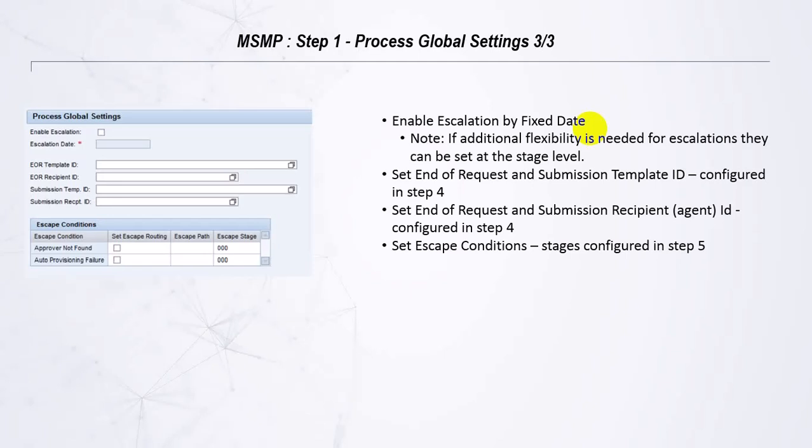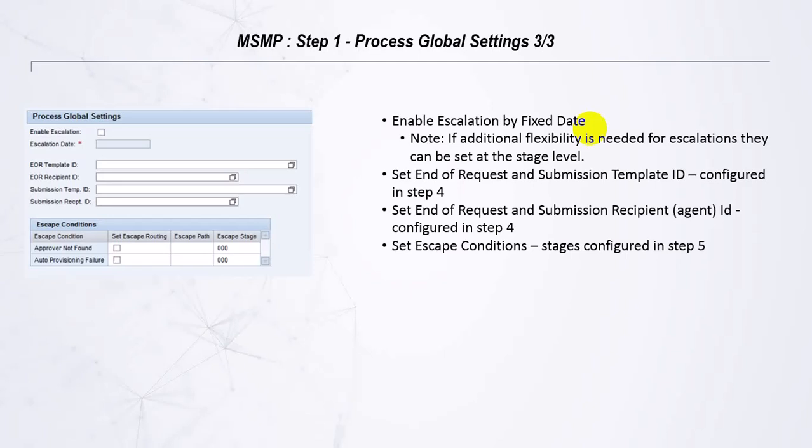In case of any escalations, that will be managed in the maintain paths, stage 5. But generally we won't prefer escalations in stage 1.